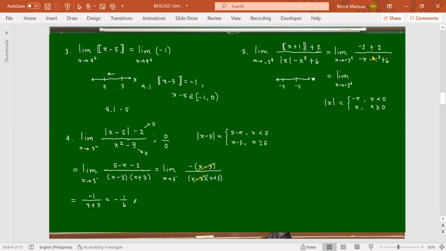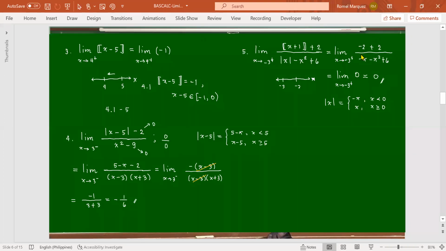Its limit is 0, but it is not really 0. So this function is simply equal to what, Sophia? What is the simplified form of this? Don't look at the limit yet. What is the simplified form of the inside? 0. So what is the limit of 0? 0. Okay?